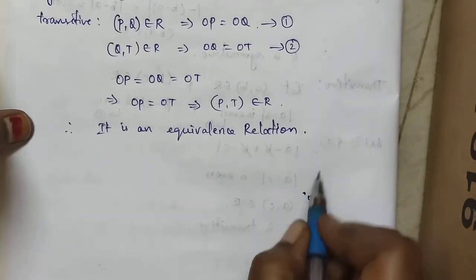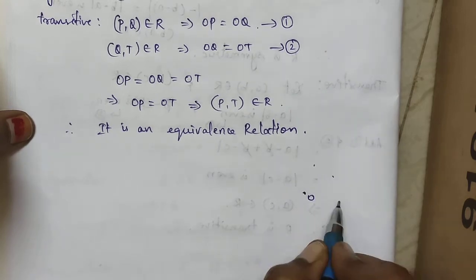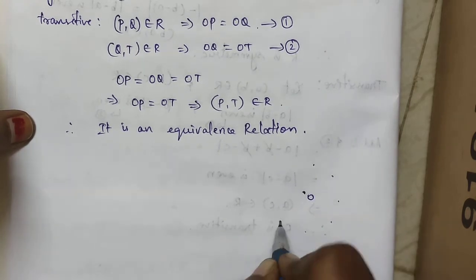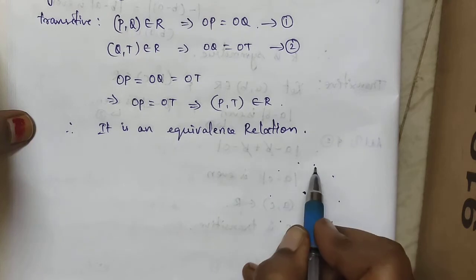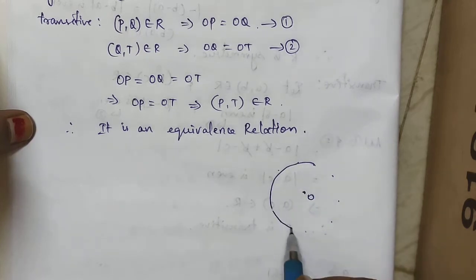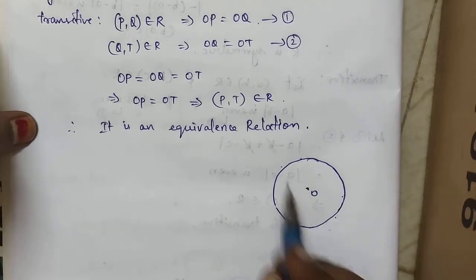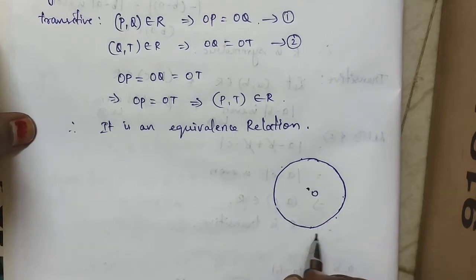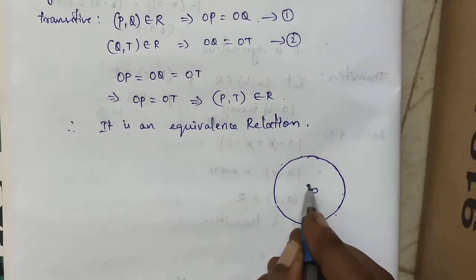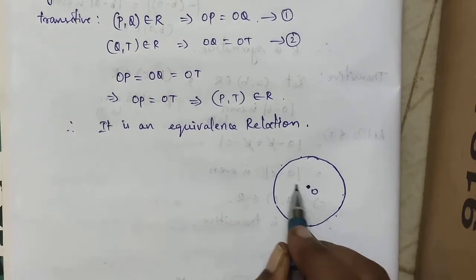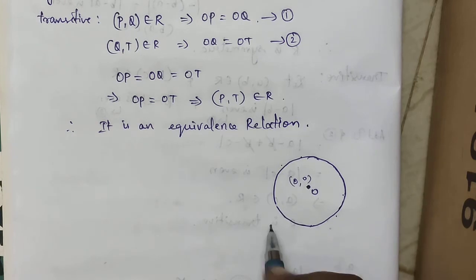When each and every point is equidistant from the center, then that forms a circle only. Therefore, these points lie on the circle only. Point P will be on the circle, and O will be the origin, that is (0, 0).